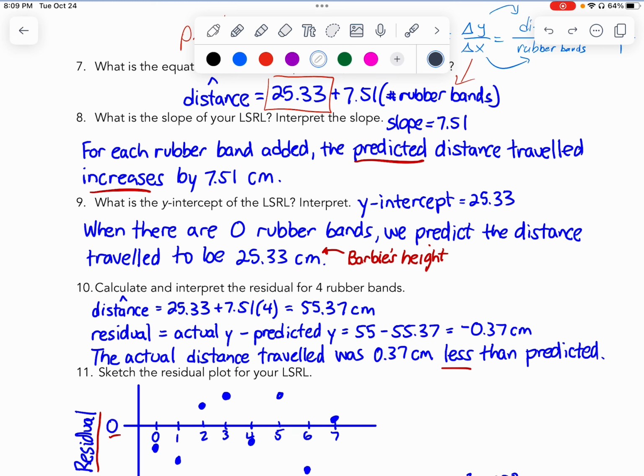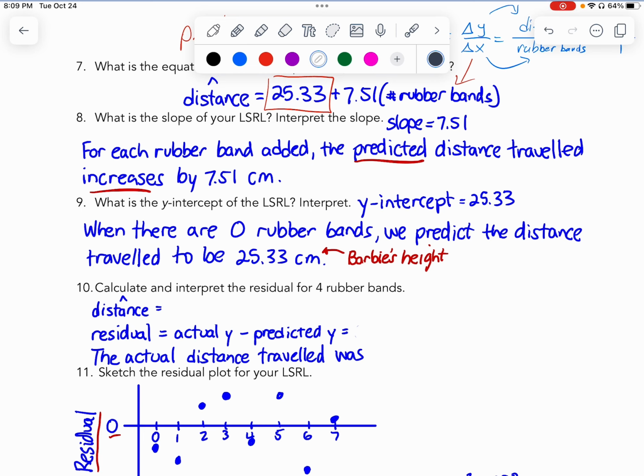I've left some of the prompts. So first you start here with what was our predicted distance, and you're going to use the predicted line of regression. So that would be 25.33.